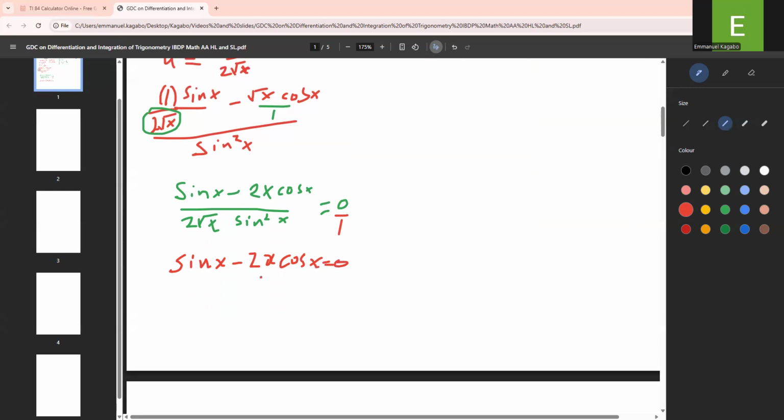Okay. Remember, I'm interested in getting tan x equals 2x. So if I take this one, what do I get? I'm going to have sine x equals 2x cos x, right? Very good. Now, if I divide by cos x both sides, what happened?